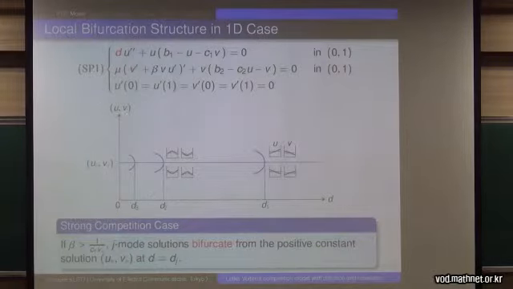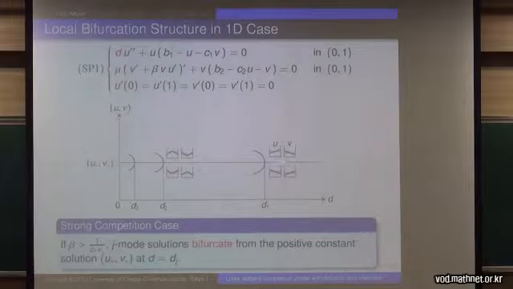In the strong competition case, beta is larger than this number. In such a situation, a j-mode solution bifurcates from the positive constant solution at D equals D_j. So in the 1D case, D_j is a bifurcation point from the positive constant solution.